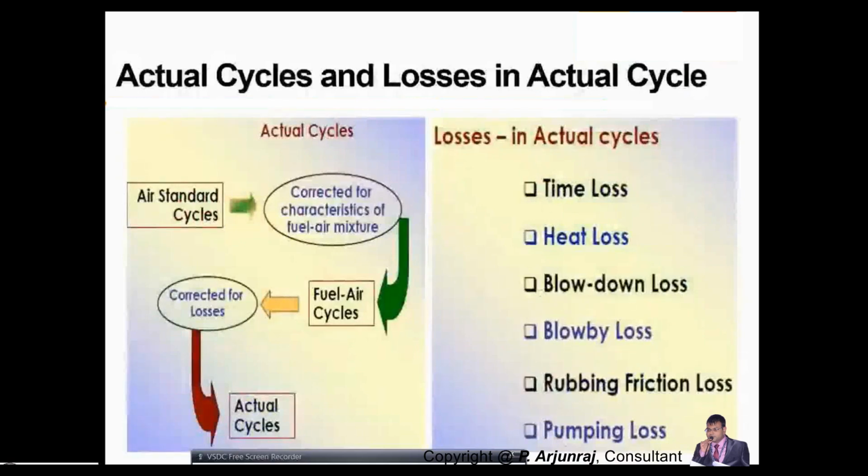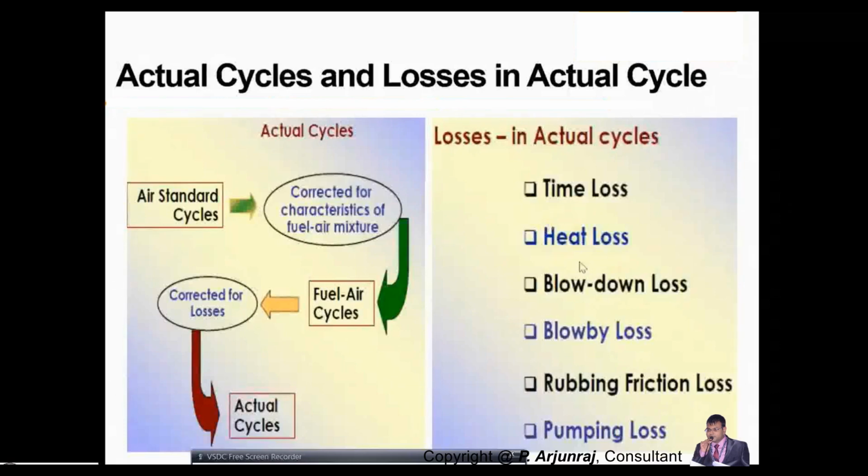This also I have explained. You have two types of cycles: one is the theoretical cycle and another one is the practical cycle. In the theoretical cycle, you get the efficiency as 100%. But in the actual cycle, where you account for the losses, you have a lot of losses.